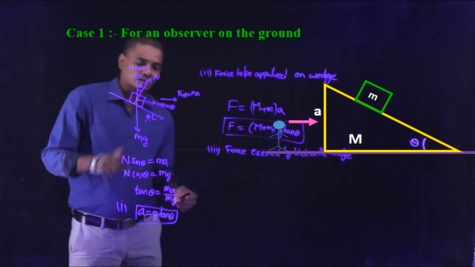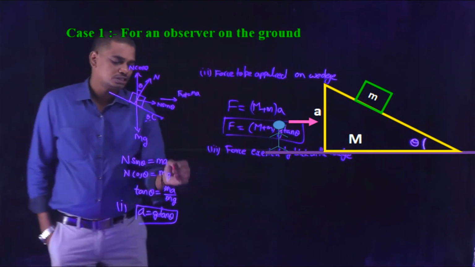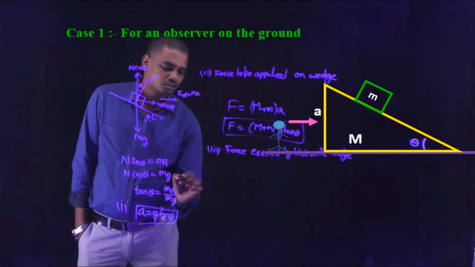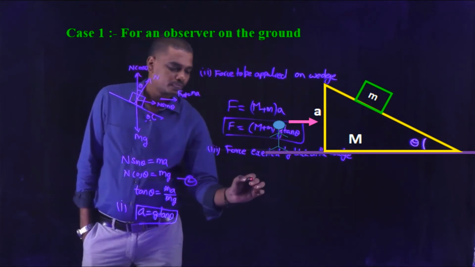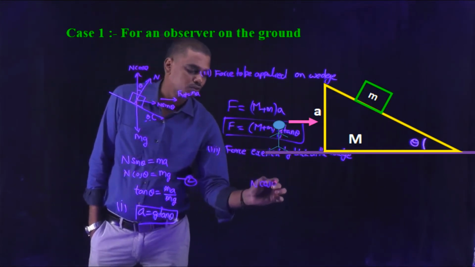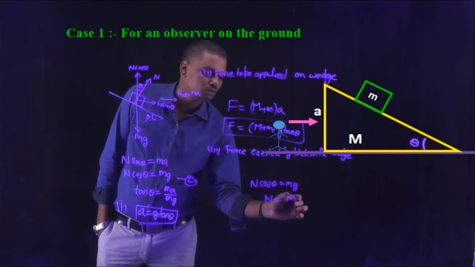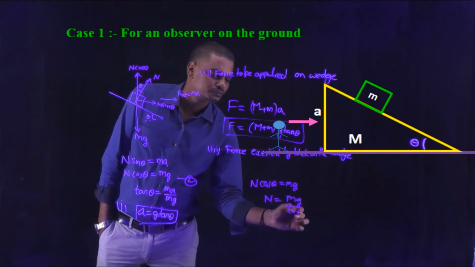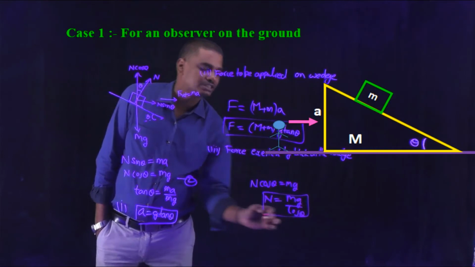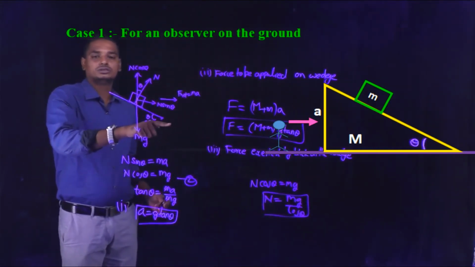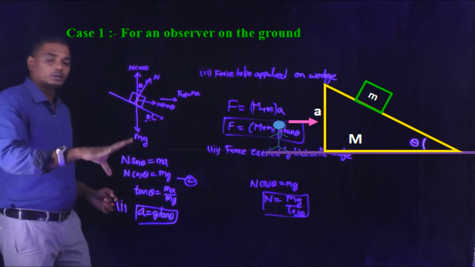So to calculate the normal reaction, from these equations, N cos theta is equal to mg, or N is equal to mg by cos theta, which is the force exerted by the block on the wedge. So these are the three problems.